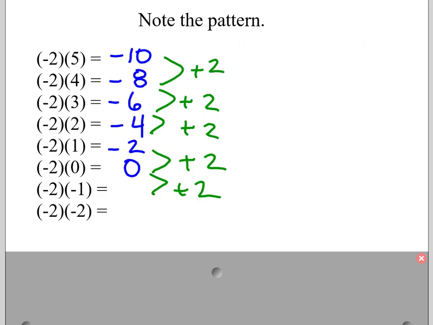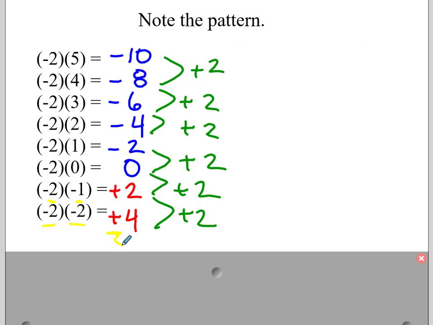Well, 0 plus 2 is positive 2. If I add 2 to that value, 2 plus 2 is 4. So if we look at just the numbers, 2 times 1 is 2, and a negative times a negative ends up giving me a positive answer.